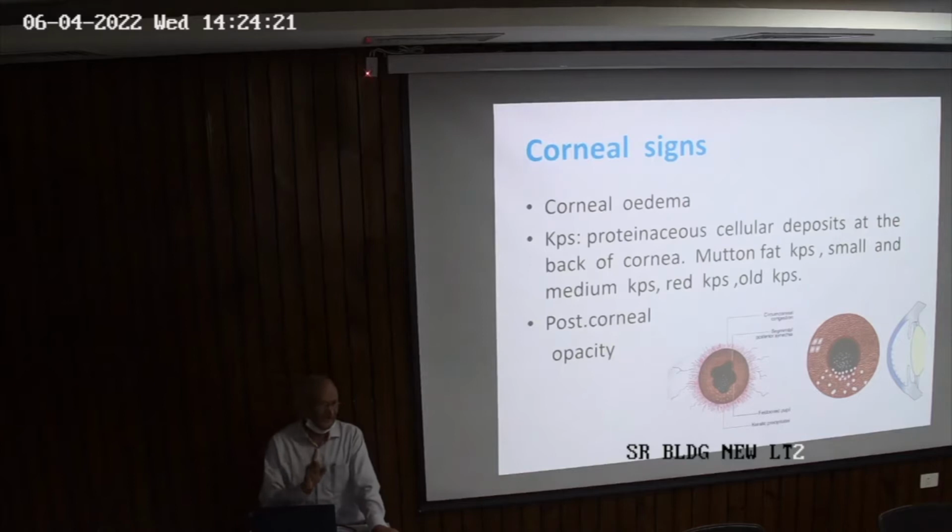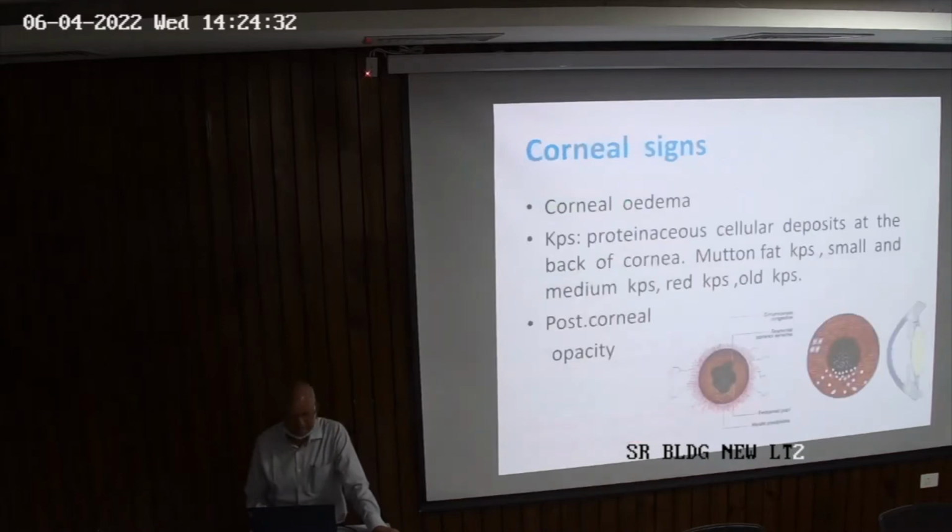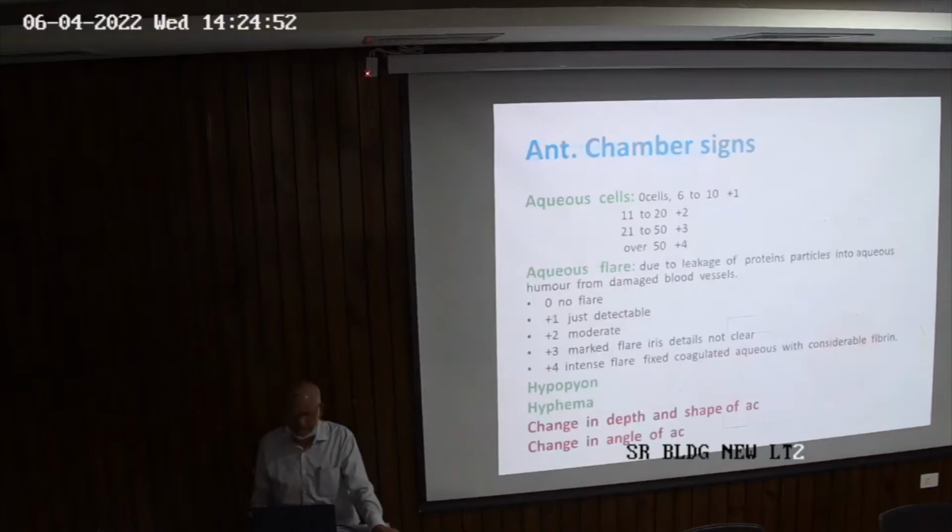The important sign of acute uveitis in the cornea is the presence of KPs, proteinaceous cellular deposits at the back of the cornea. They can be mutton fat KPs, small and medium KPs, red KPs, or old KPs, along with posterior corneal opacity. So corneal edema, KPs, and posterior corneal opacity are the important findings of acute uveitis in the cornea.